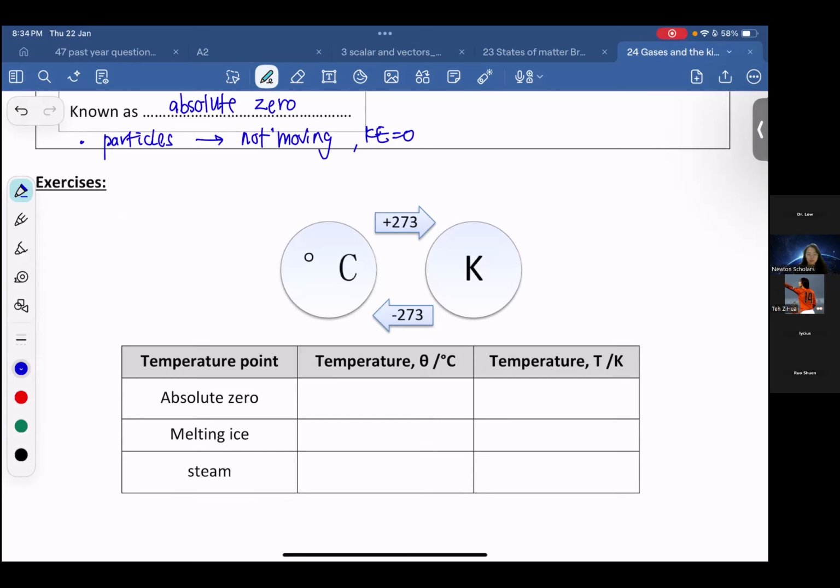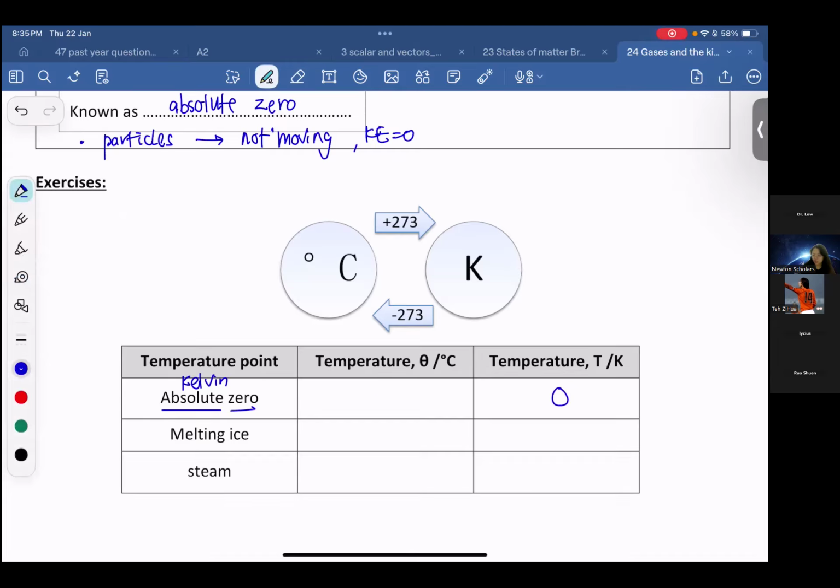Angeline, you mean the first one or the second one? Absolute zero is measured in Kelvin, 0 Kelvin. So this one should be 0 Kelvin.